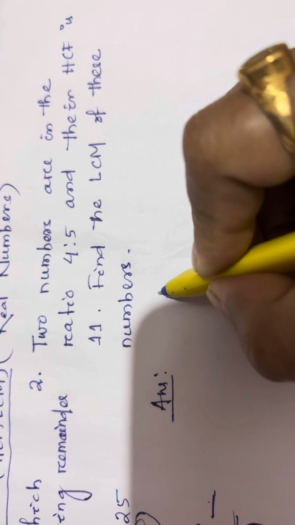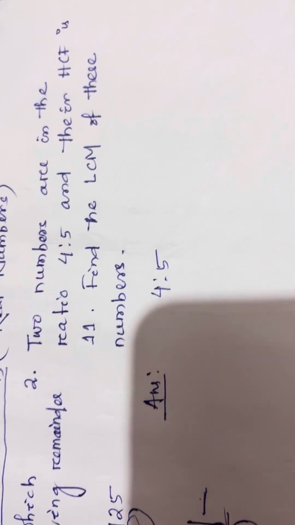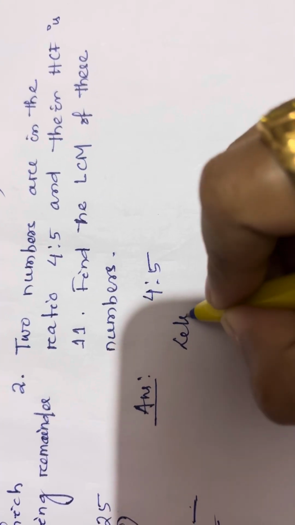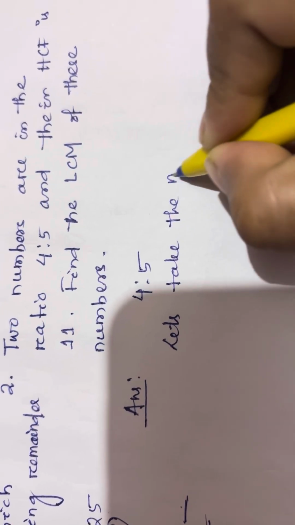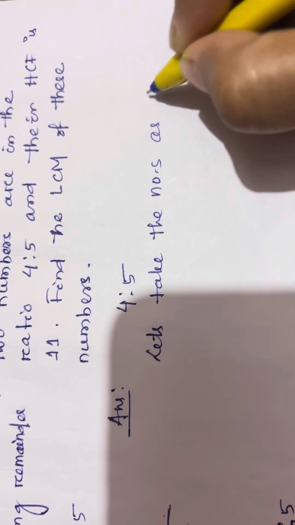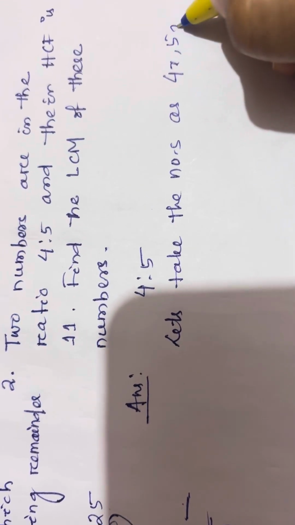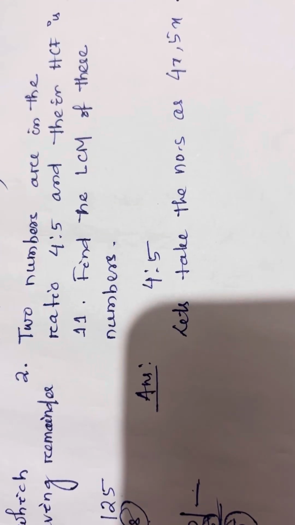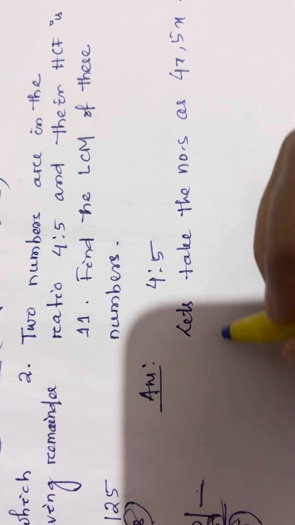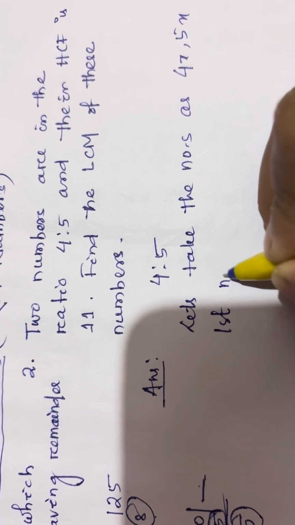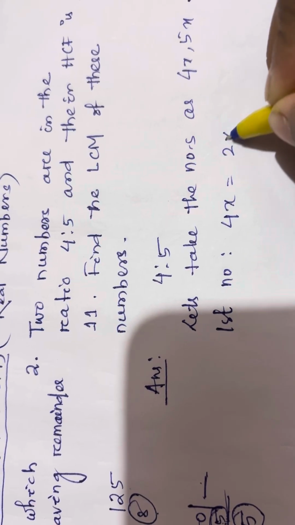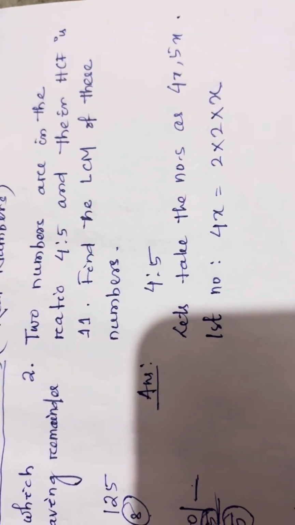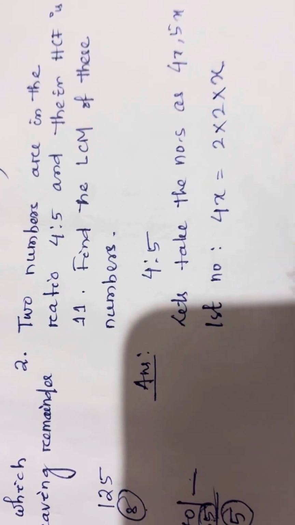So the numbers are in the ratio 4:5, right? So let's take the numbers as 4x and 5x. Of course, because they are in the ratio 4:5. The first number is 4x. Can I write 2 into 2 into x, like a prime factorization?